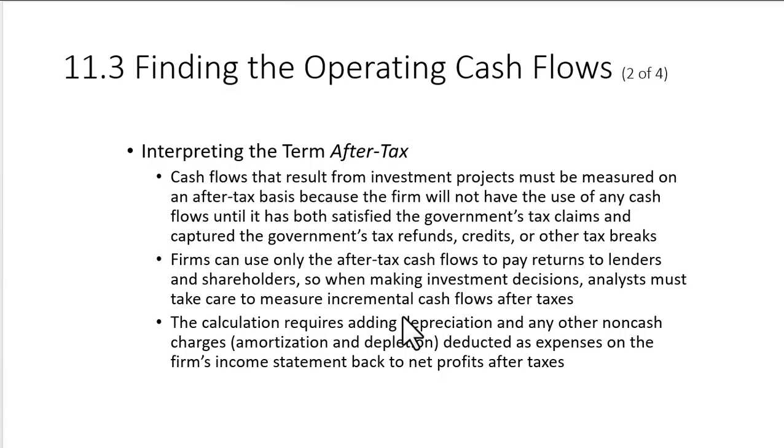Simply how we do this, to get to after-tax cash flows, is we calculate the operating income, if you will, and then we add back any of the non-cash charges like depreciation, amortization, and depletion. So we just add them back after we get to net profit.